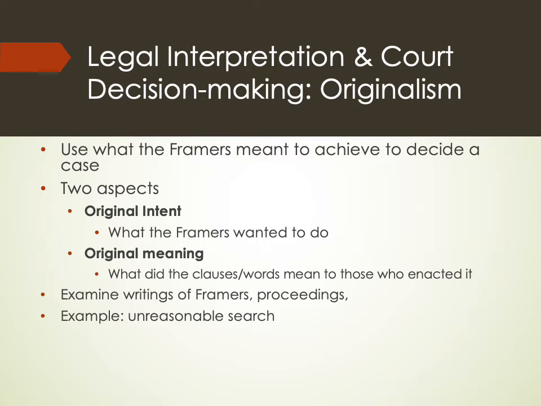What did he think that a search meant? What constituted unreasonable? And overall, what did Madison intend to achieve by making sure that people were not subject to unreasonable searches? And if you figured out what that was, then you would use that and interpret the Fourth Amendment accordingly, even if it's a 21st century case.